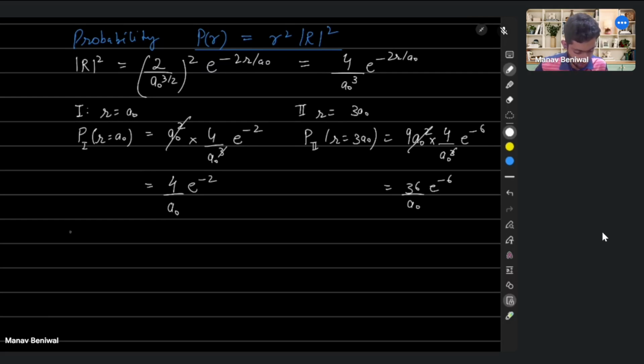Okay, now ratio of probabilities. This is what the question asks us, right? Ratio of probabilities 1:2. This will be P1 divided by P2.